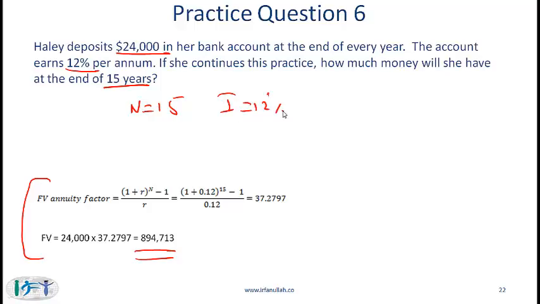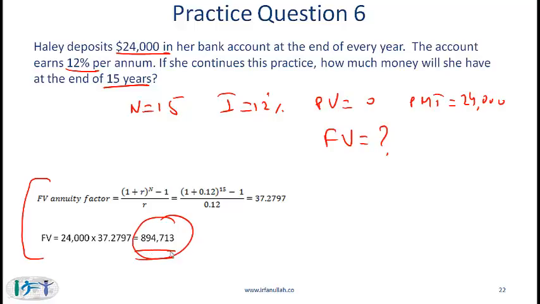So I is equal to 12%. The present value is 0 because nothing is being invested at time 0. The payments are equal to 24,000, and then we compute the future value. When you do this computation, what you should get is 894,713.